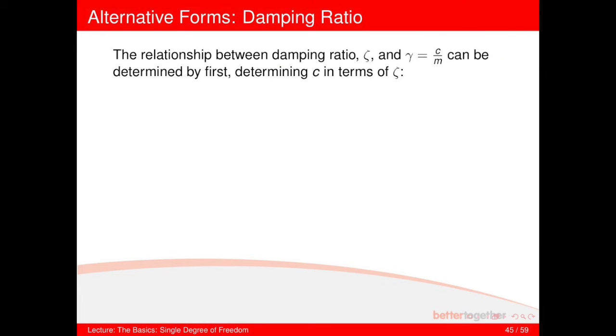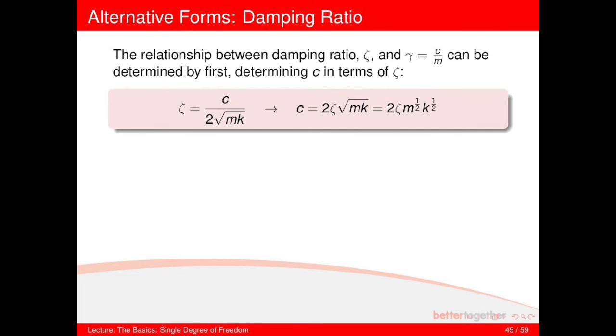The relationship between damping ratio and gamma can be determined by first determining C in terms of gamma. If we rearrange the equation for damping ratio for C, you end up with 2 zeta root mk, and obviously root mk is m to the half, k to the half.